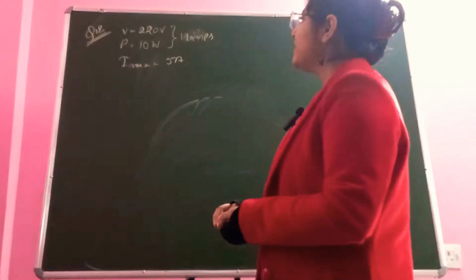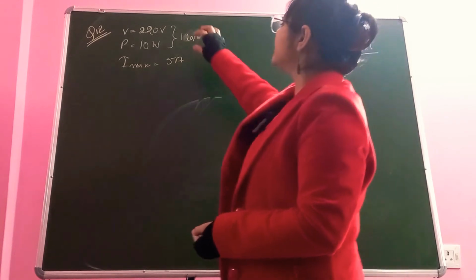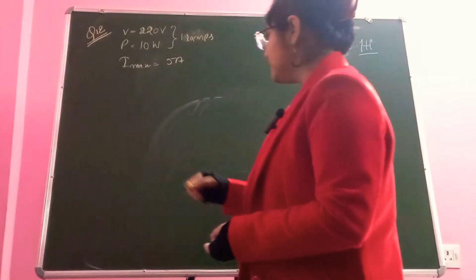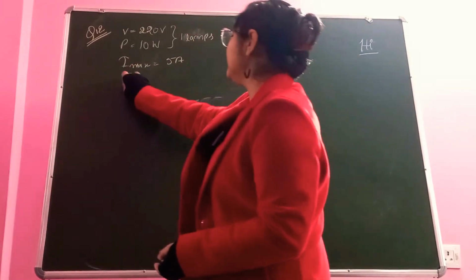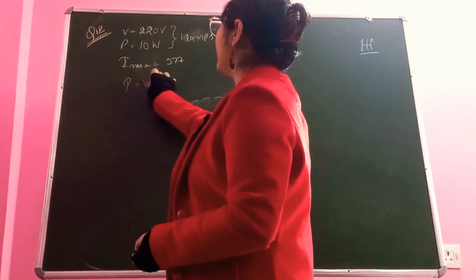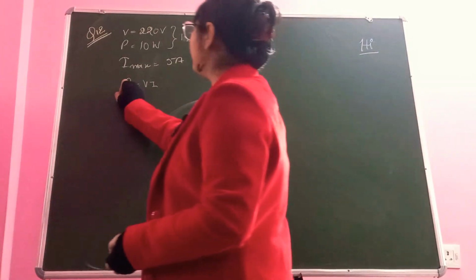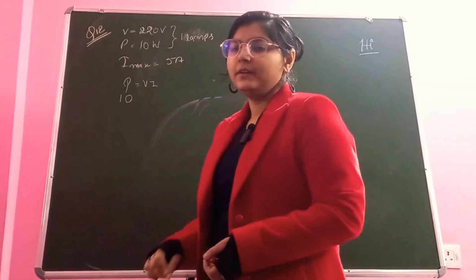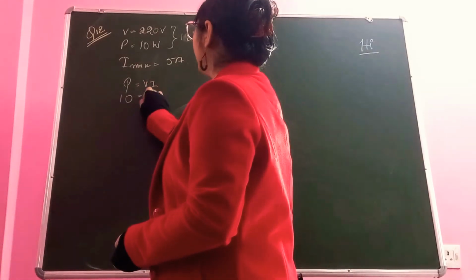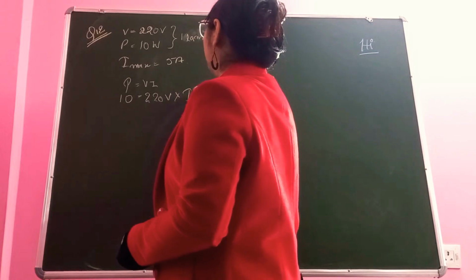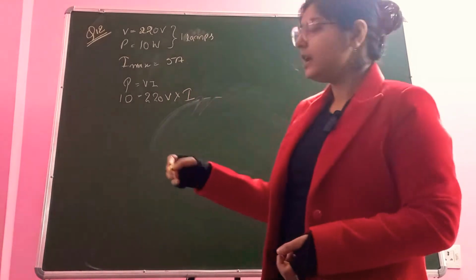Okay, so first we calculate how much current this one lamp gives, right? So we know P is equal to VI, right? And we know the value of P here, we know the value of V here, and we have to calculate the value of I.